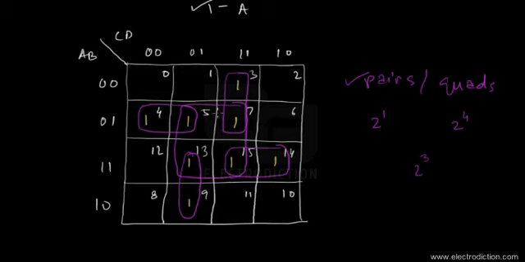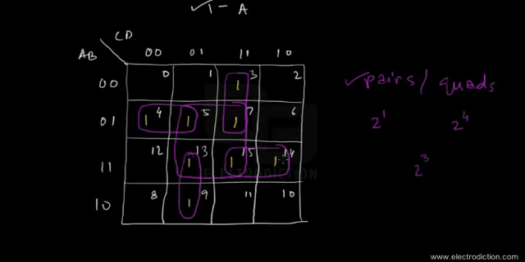Now it's always to be kept in mind that whenever you're grouping the ones together, you always group the adjacent cells that lie adjacent to each other, either horizontally or vertically, okay. No diagonal grouping is ever allowed in the Karnaugh map system. So you can see over here that the cells 3, 4, 9 and 14, for all the pairs that have been formed over here, they cannot be grouped with any other ones that could be present around them, okay. They cannot be grouped because they have no other ones present around themselves.